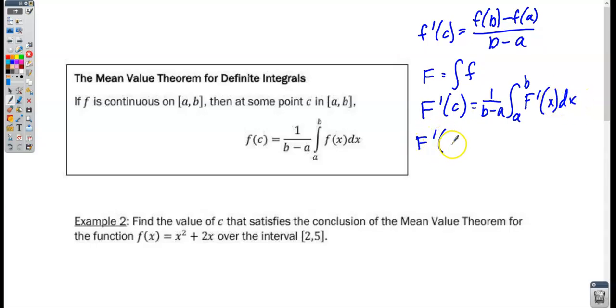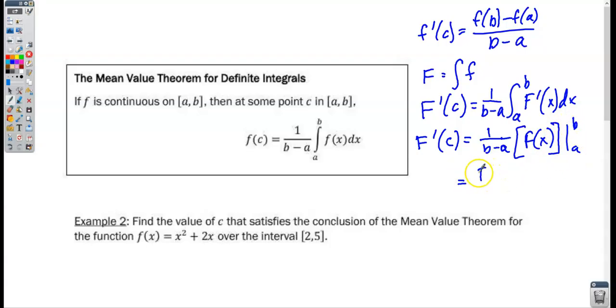And then by the fundamental theorem of calculus, the integral of the derivative is, oops, I don't know why I wrote an equal sign there. The integral of that derivative is just the function, which we're going to evaluate here from a to b.